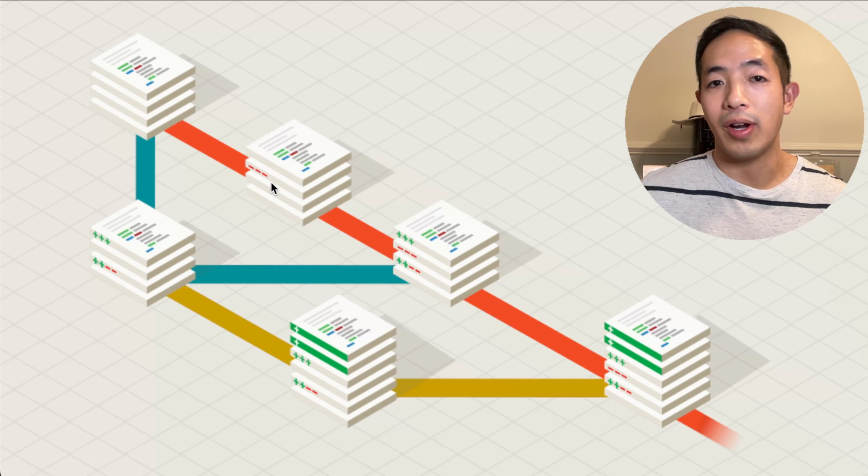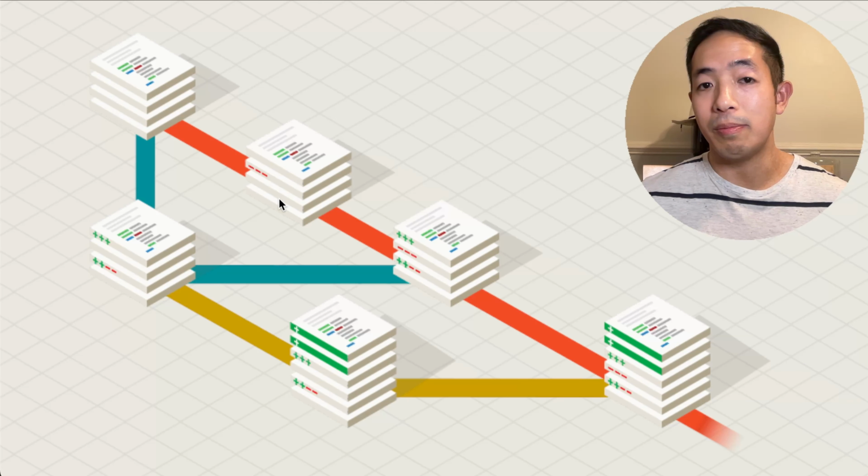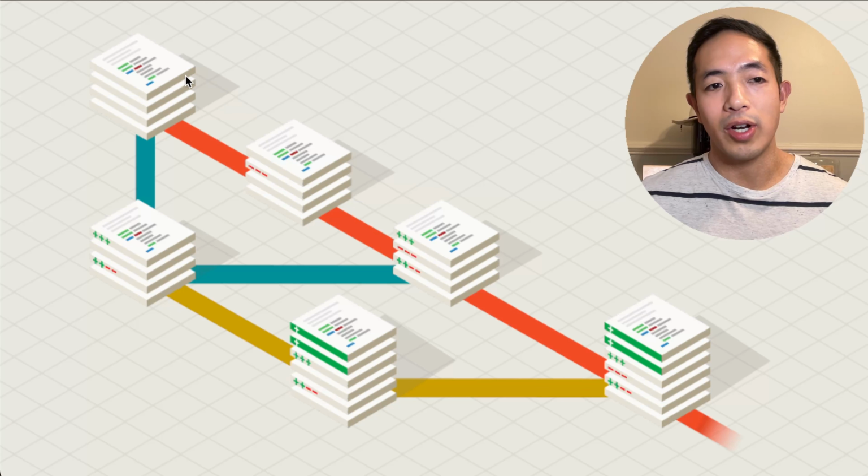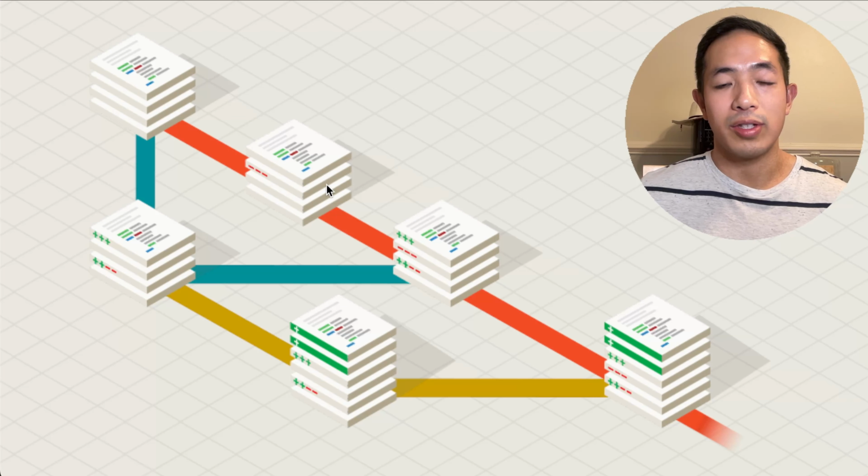So if team member A makes a change and then commits and pushes the change to the main branch, now team member B and C's branches are behind, and when they try to commit, Git will complain because they're trying to commit on top of this commit, but someone had already updated the main branch, so the latest commit is no longer this code base here anymore, and Git will not allow that to happen.